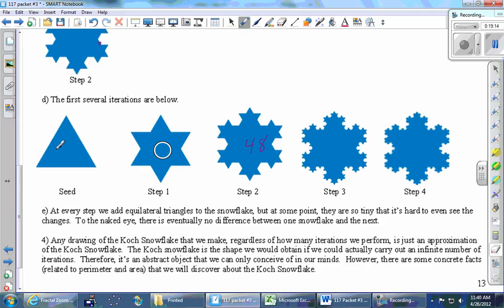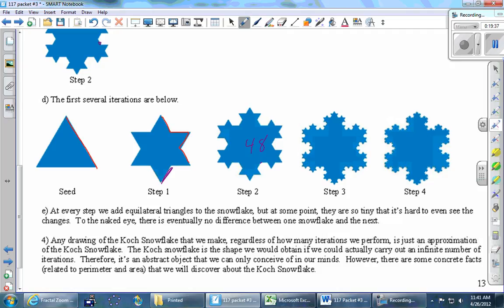But take a look. Look at this one side here. It is currently one side in the calculation, and then it gets replaced with how many sides there? That's 4 sides. One side became 4 sides. Is that true every time? Let's take a look at this piece right here. It used to be one side.